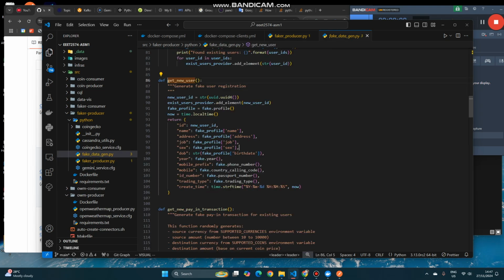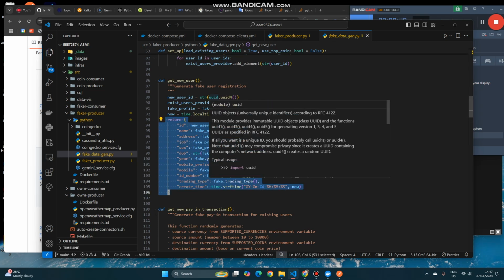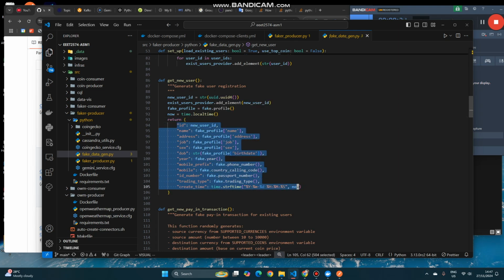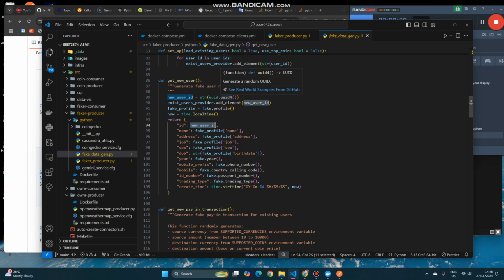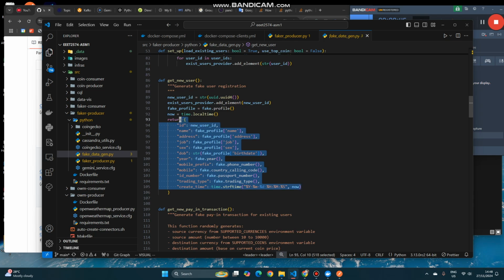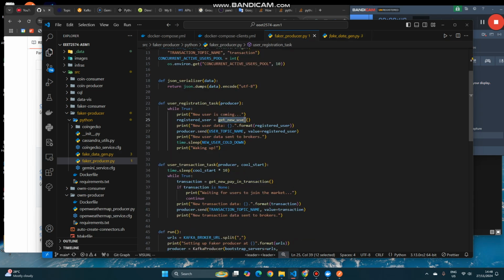Okay, so this method is going to generate the fake user data using the Faker library. We're going to have more than 10 fields about the user, for example a user ID using UUID version 4, fake name, fake address, fake job, sex, date of birth, years, all of that basic information about the user, and we send it to the user topic.